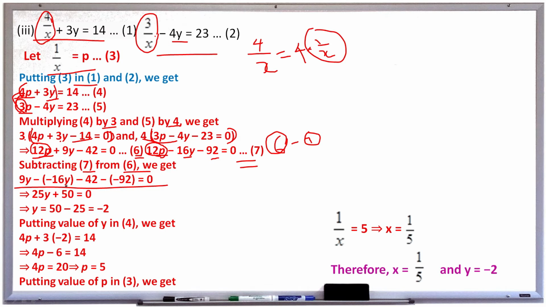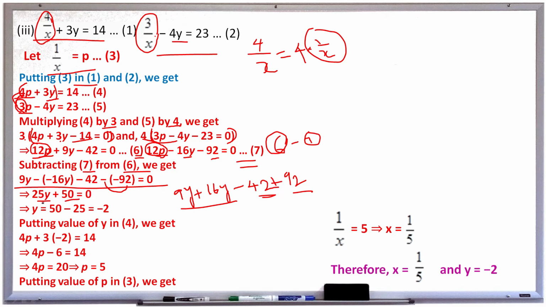Now open the bracket and simplify. Minus into minus it will become plus, so 9y plus 16y minus 42, open the bracket, minus into minus plus, so plus 92. So like terms you can add: 9y plus 16y will become 25y, minus 42 plus 92 will become 50.